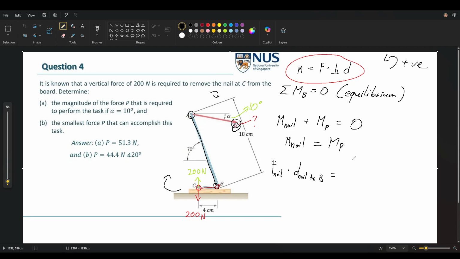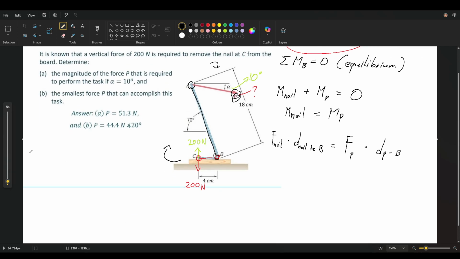And then the moment of P is basically force of P times distance from P to B. Okay? Then the force of nail is basically 200 Newtons times distance 4 cm, let's convert it to meters, shall we? So it's 0.4 times.